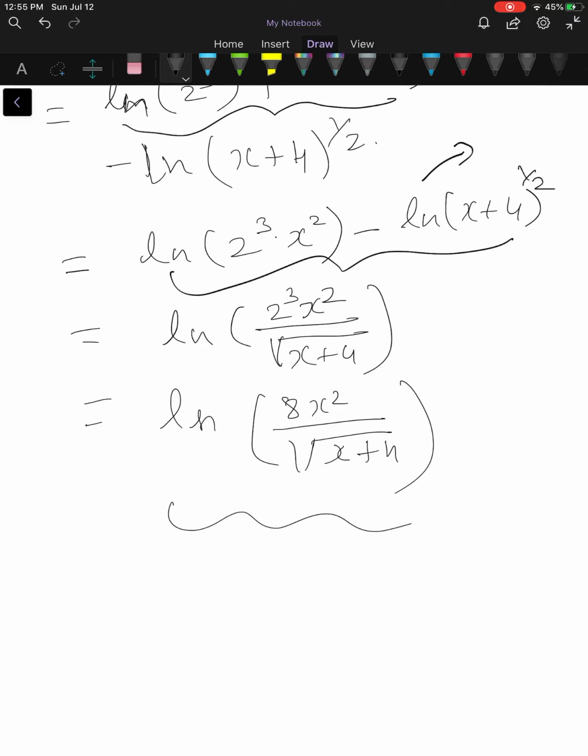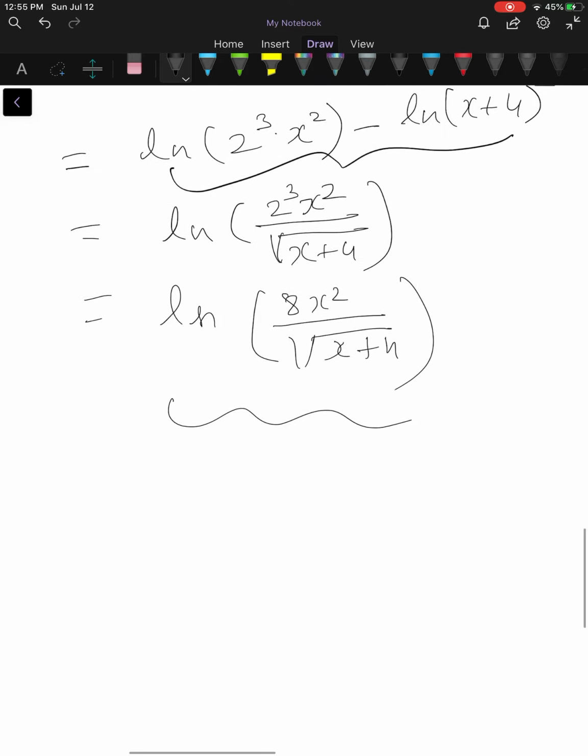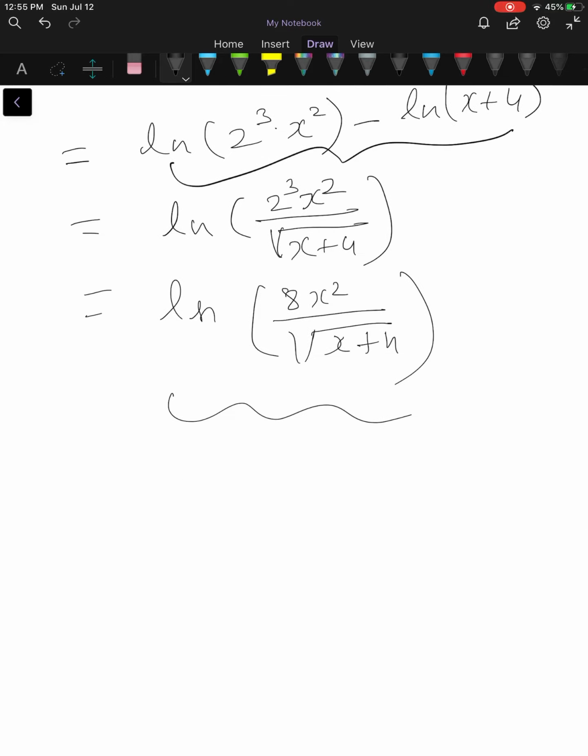Okay, so now we will learn something about change of base formulas. So for some purposes we find it very useful if we can know how to change one base to the other, because as I told you earlier, we can apply all the properties and the laws only when the bases are same.